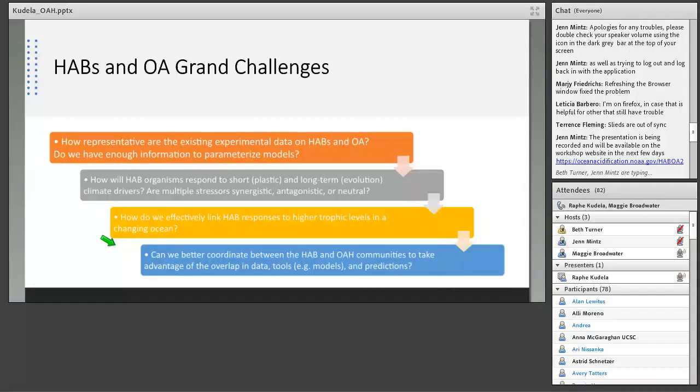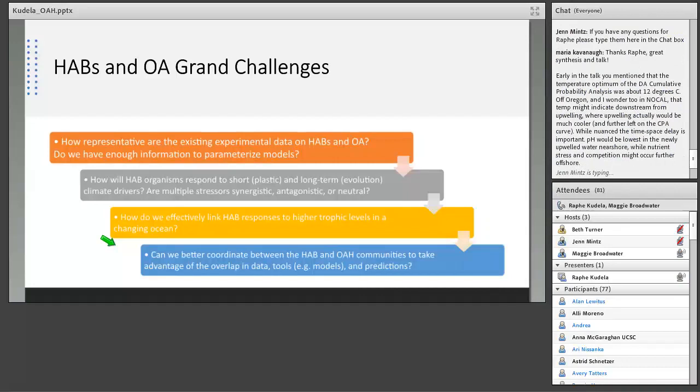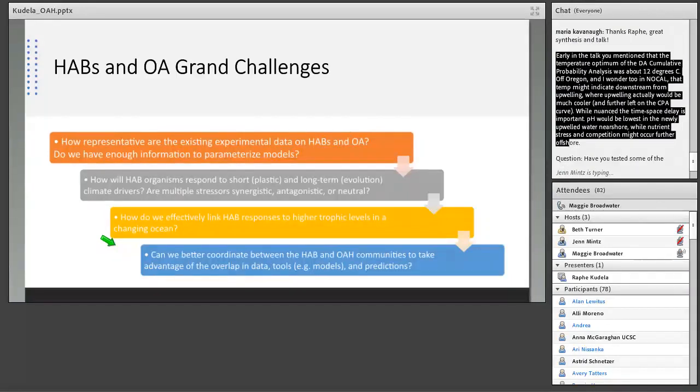While nuanced, the time-space delay is important. pH would be lowest in the newly upwelled water near shore, while nutrient stress and competition might occur further offshore. The question is, have you tested some of the interpretations of CPA analyses using the ROMS model to investigate the cross-shelf spatiotemporal decoupling of ocean acidification and nutrients with the upwelling?